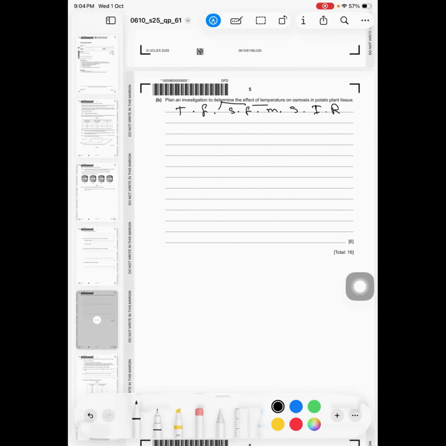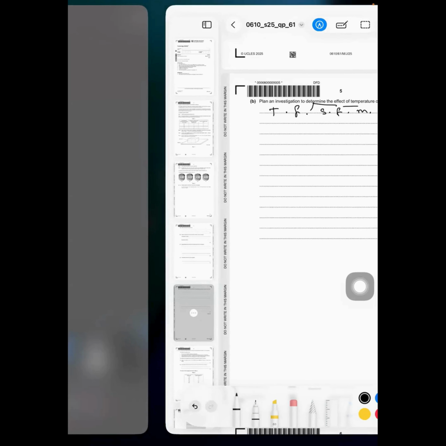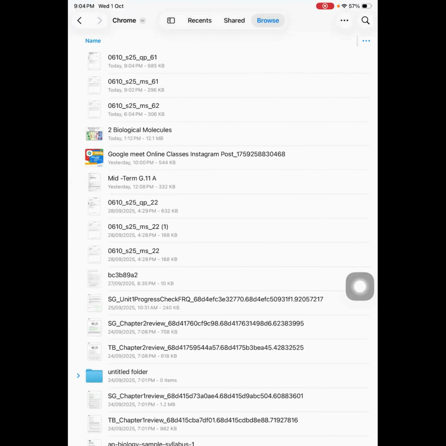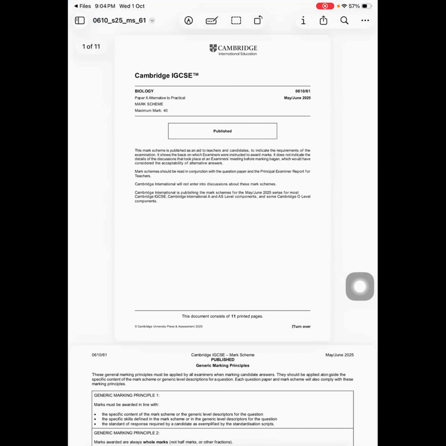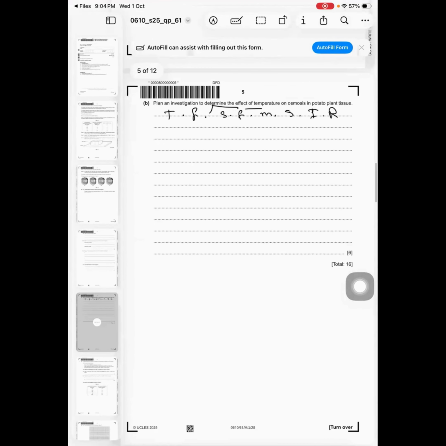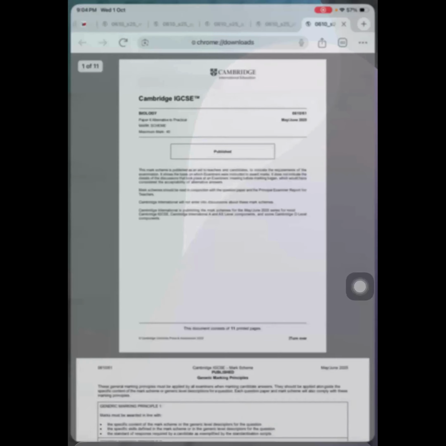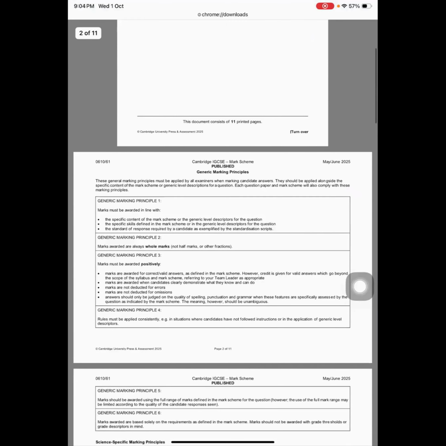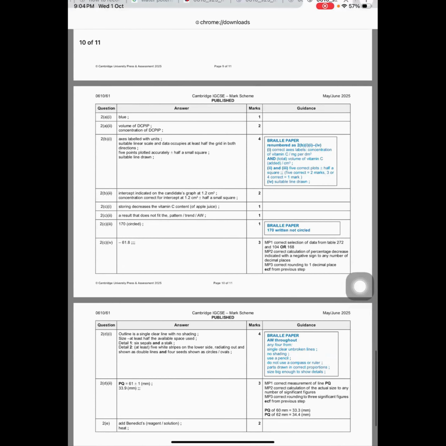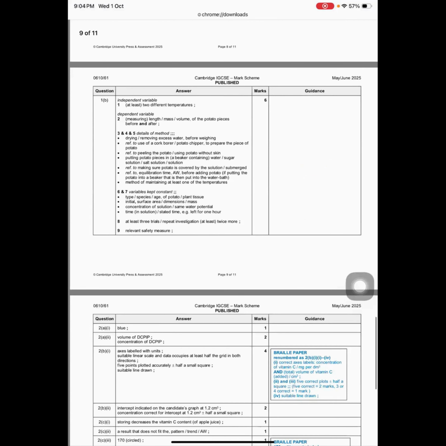What is the first step that we can say? Replicates. Prepare. Let me check here. Is it opening? It only opens one.